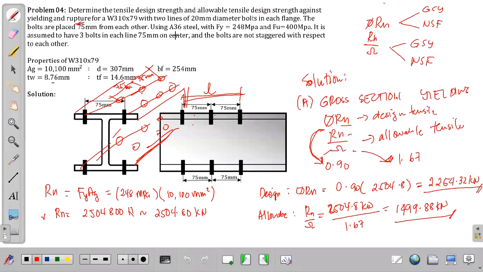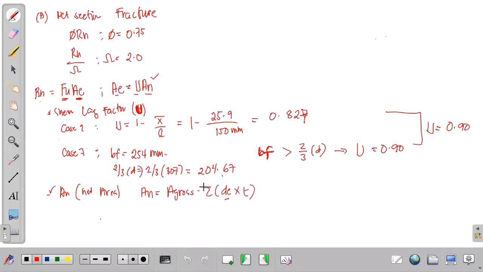Ang given dito sa ating problem is the diameter of bolt. Okay? Diameter of bolt is 20 mm. So diameter of hole is equal to 20 mm plus 2 mm if our diameter is less than 24. That was discussed in the introduction of tension members.